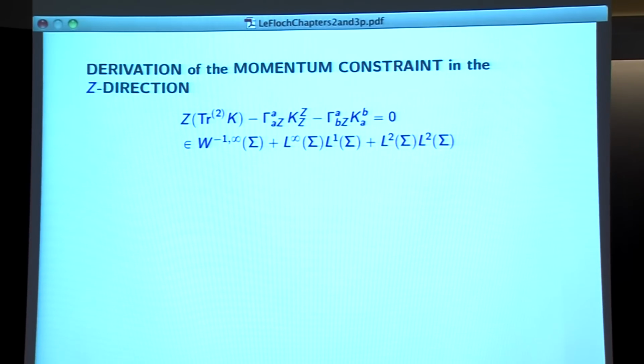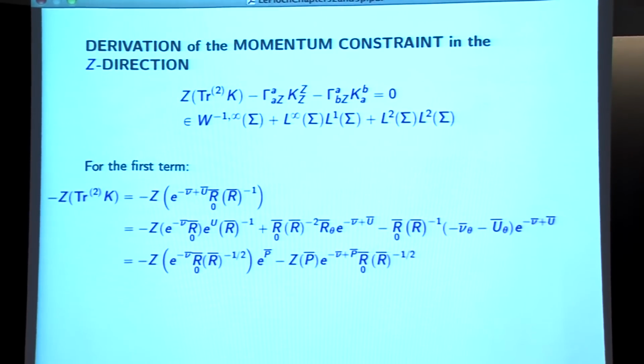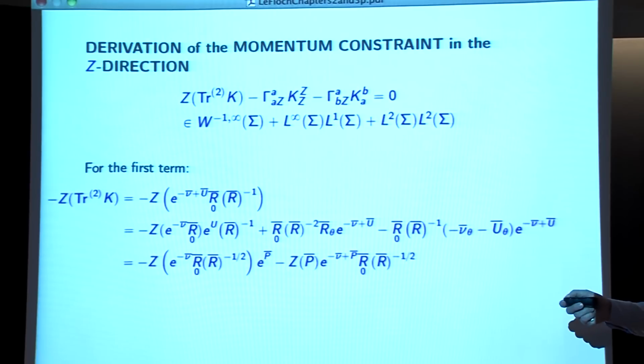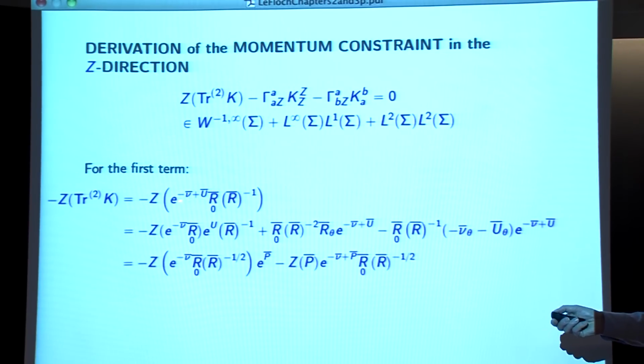So this is our geometric statement, independent of coordinates, and you express this in coordinates in the following way. So you look at the z trace 2. I already wrote this before. The trace of k on the orbits, I already told you that this was a time derivative of r multiplied by a certain coefficient. And so you expand this. You have z of a product, and you expand this, et cetera.